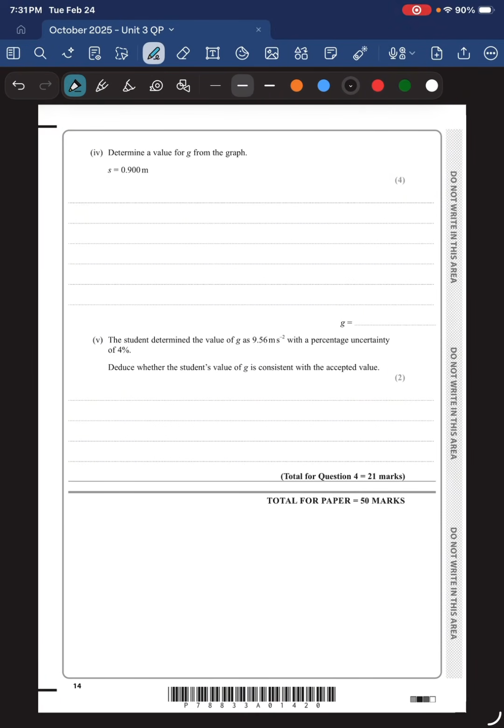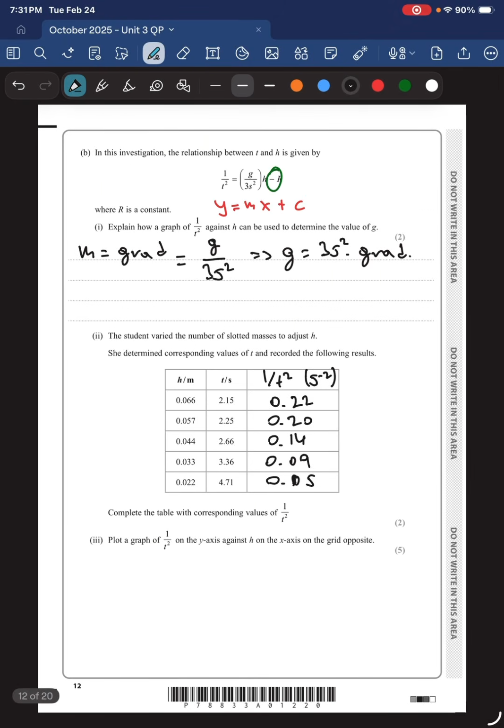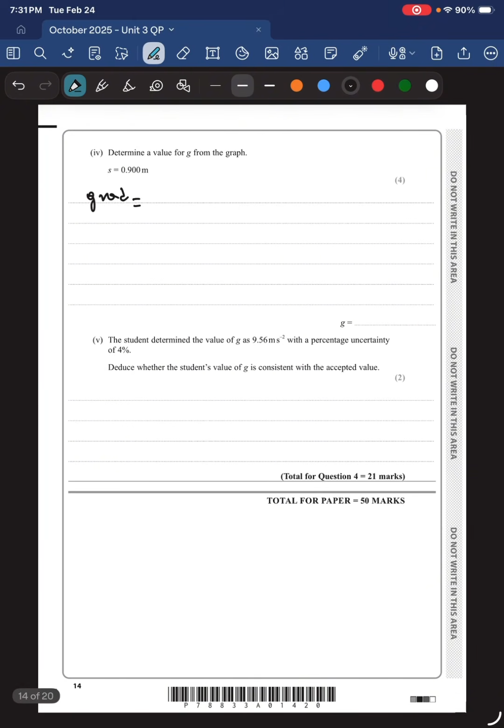Determine a value of G from the graph. So the gradient, and now I'm going to use points from here. I'm going to use the extreme points, these pairs here. So 0.22 minus 0.05 over 0.066 minus 0.022. By the way, you can use any points you want.